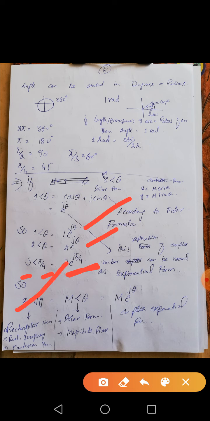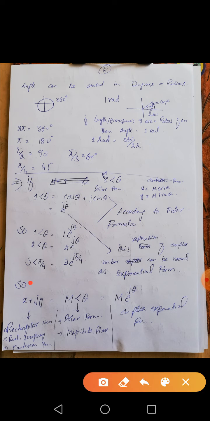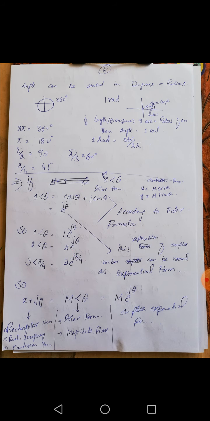This one is the rectangular form, a real imaginary form or Cartesian form. This form, m and angle theta, is the polar form or magnitude phase form, and this form m e power j theta is the exponential form of the complex number.